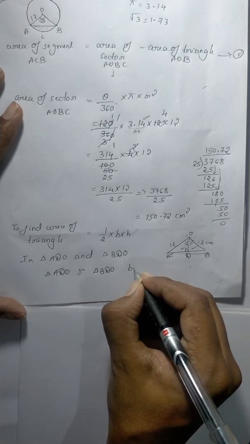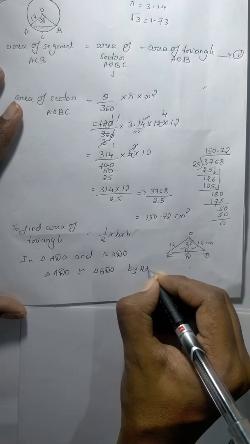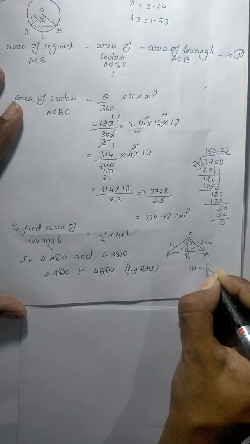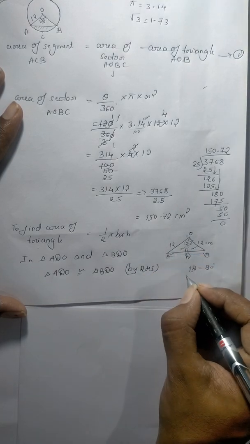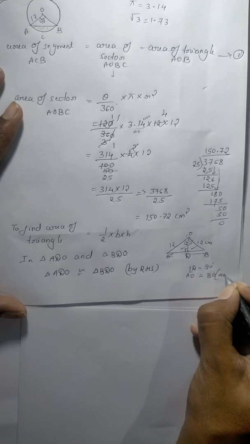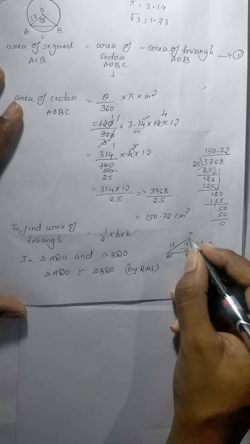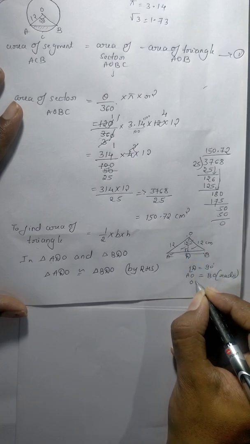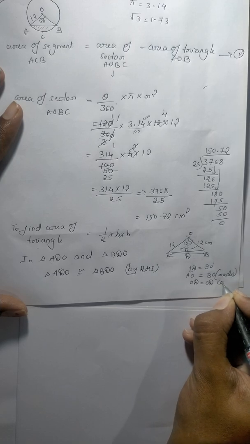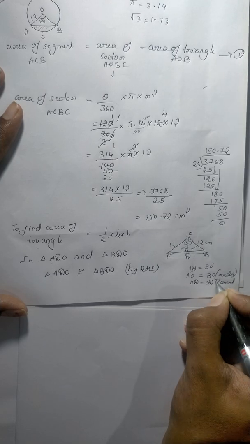Why did I write it by RHS? Because angle D is 90 degrees, and the hypotenuse AO is equal to BO, that is by radii. Then we know that OD is common. On the basis of that we have written the two triangles.